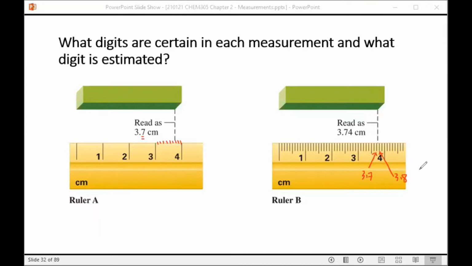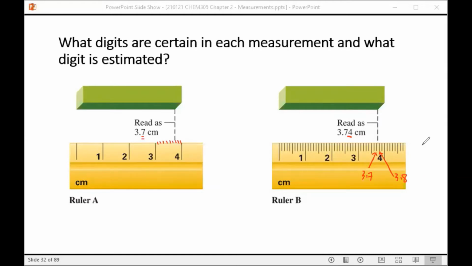We know with certainty that it's between 3.7 and 3.8 because we can see that with the markings on the ruler. And then we still estimate one more digit between these lines. So that's how we get 3.74 as the estimated reading for the green bar.